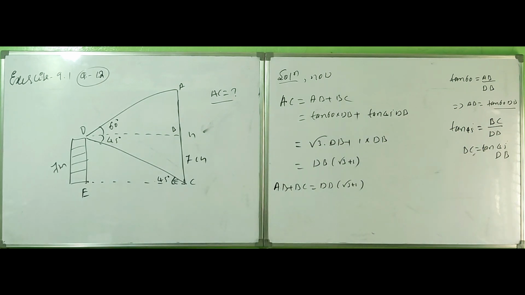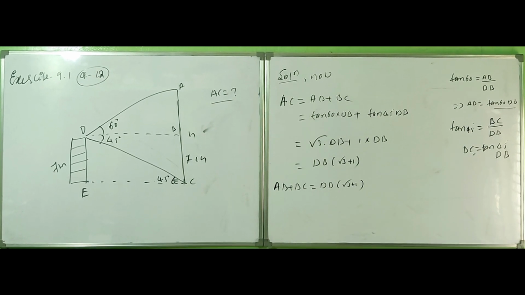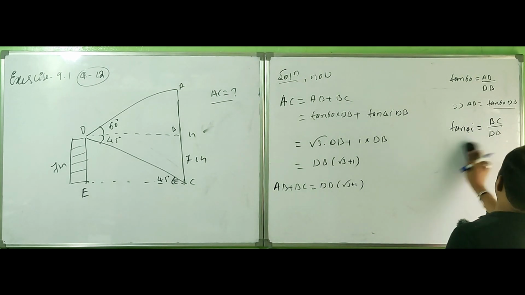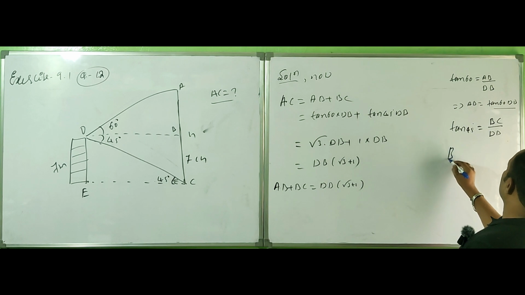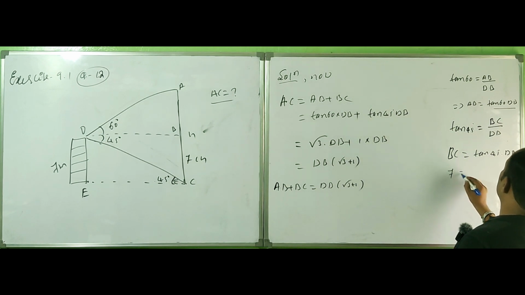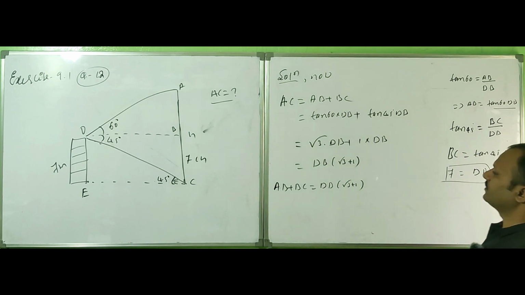Let's check here. BC is 7. BC is equal to tan 45 into DB, so 7 is equal to DB. DB is equal to 7.